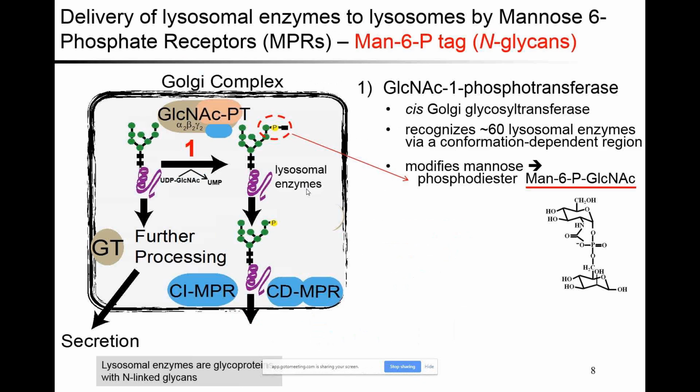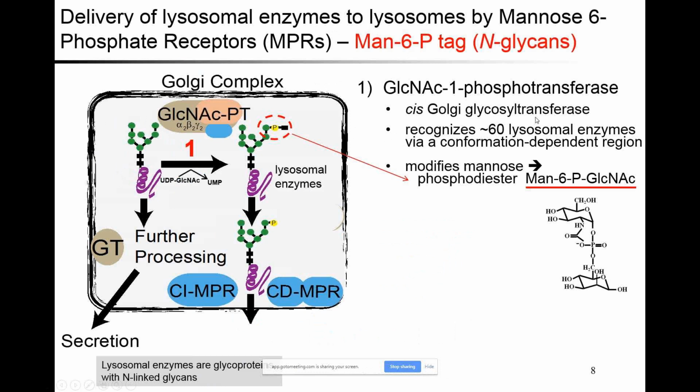Okay, so how do we mark these lysosomal enzymes, these acid hydrolases, with this unique mannose-6-phosphate tag? In the first step, we have a glycosyltransferase. All of these lysosomal enzymes are glycoproteins that have N-linked glycans. Here in purple is the protein portion of the molecule. This is a high mannose N-linked glycan.